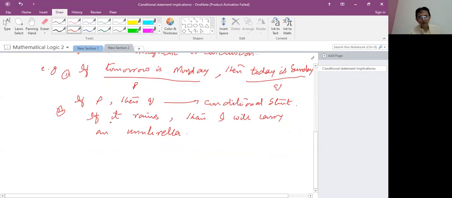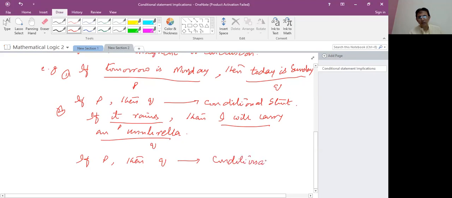What is P? It rains. I will carry an umbrella is Q. So it means if P, then Q. So this statement is also called a conditional statement. So these are the examples, student, of the conditional statement.